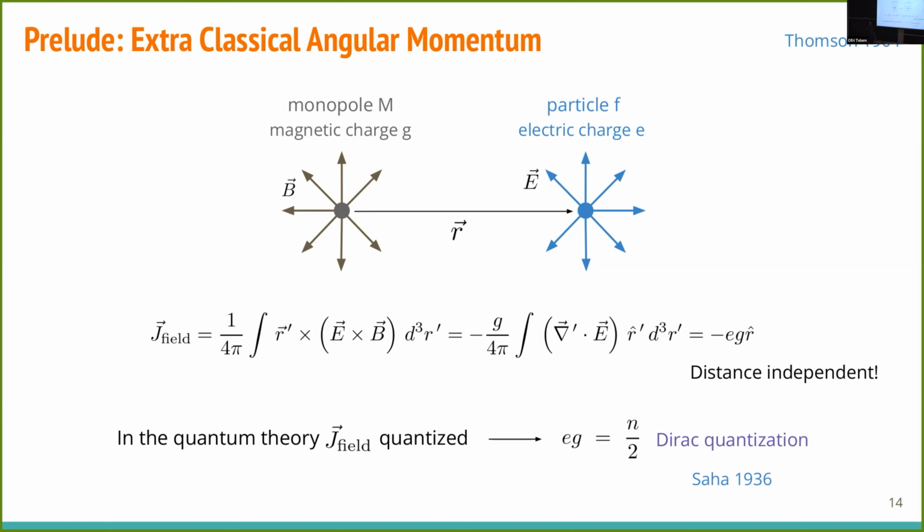And note that this is a calculation that J.J. Thomson already did in 1904. So already then people knew there was something funny. And this is also the quickest way to derive Dirac quantization, because we say in quantum theory, this extra angular momentum has to be quantized, which means that this has to be half integer. So this was a one paragraph proof of Dirac quantization written by Saha in 1936.